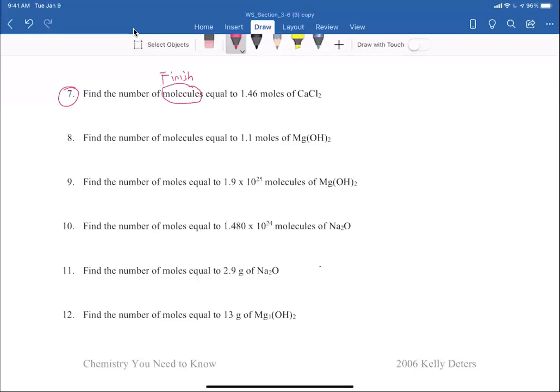And this is where we're going to start. They're giving us 1.46 moles of CaCl2. So we first write what we have, which is 1.46 moles.